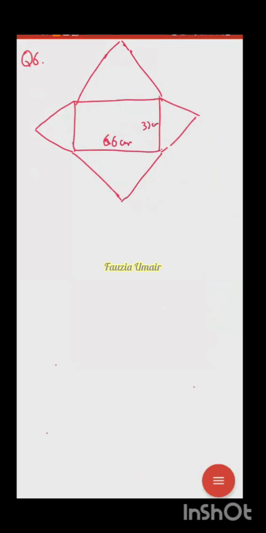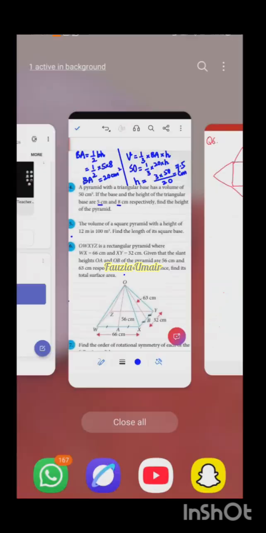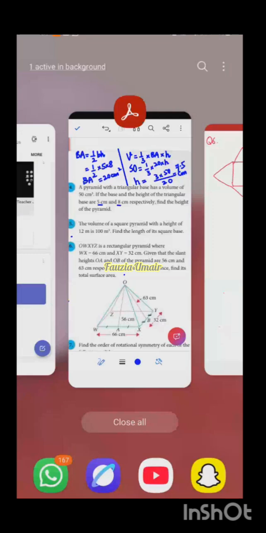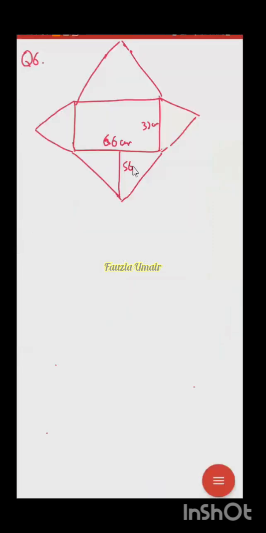The base is also different, so the slant height on the longer side is 56 centimeter, and the slant height on the 32 side is 63 centimeter. Okay, this is the situation.